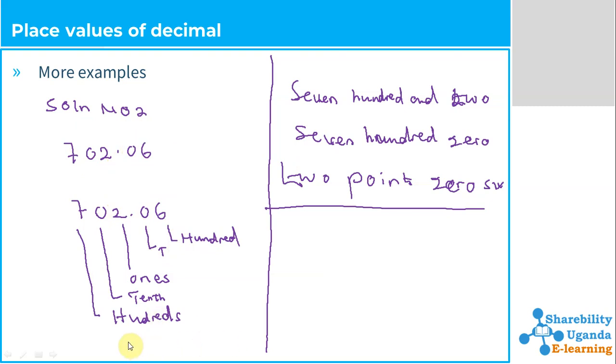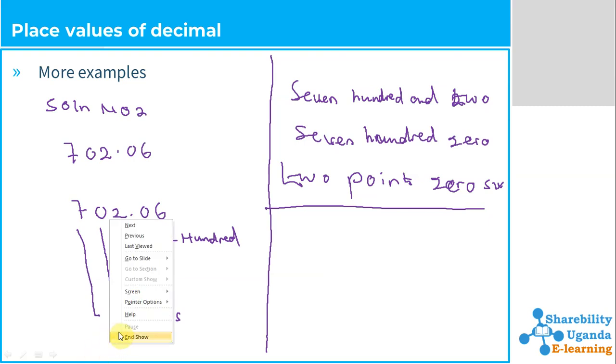So that's how we always deal with numbers of decimals and place values of decimals. All right, I hope this has been able to take you well, and you have been able to pick out something as far as handling place values of these decimals.